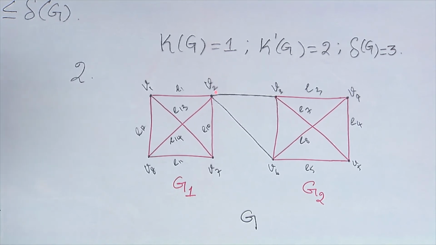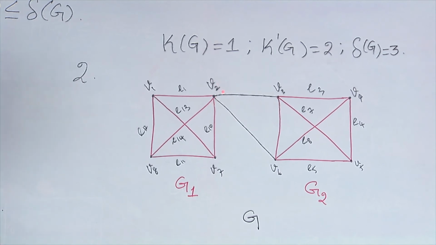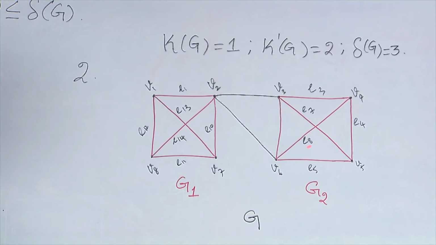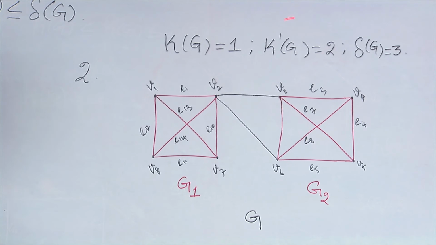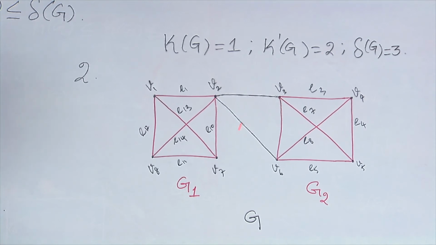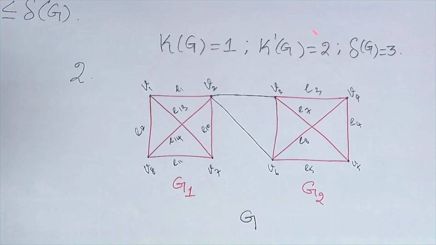What I am going to do is fix this vertex V2 of the first graph, and join this vertex to this graph by means of two edges, that is this edge and this edge, which makes my edge connectivity equal to 2. So, if I remove these two edges, the graph will get disconnected, which means my edge connectivity is equal to 2.